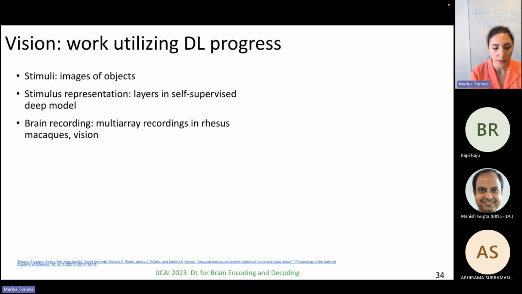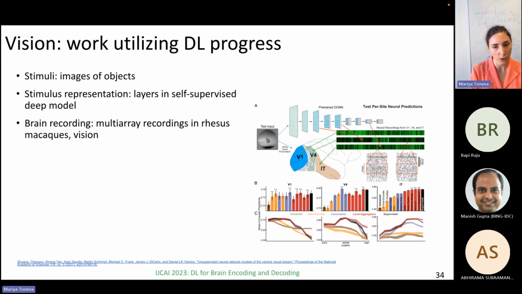And in this last work that I wanted to mention in this vision part, some work that occurred at the same time looked at how well we can align these representations from self-supervised models with different recordings from monkeys in the visual domain.